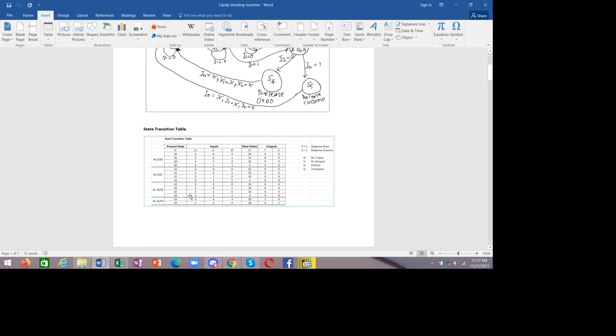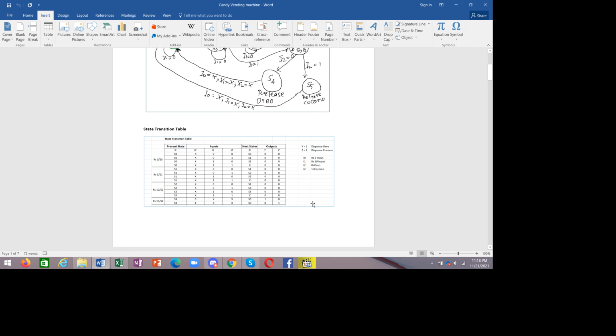At that point we decide what the user wants and accordingly release Cocomo or Oreo. So I2 on these states is not necessary. It's only necessary at the end, so I have written it only when we are at S3. 0 means Oreo, and 1 means Cocomo, and the outputs are accordingly y and z, right?